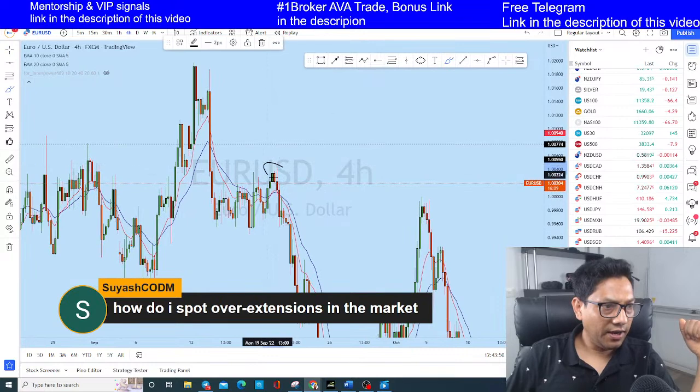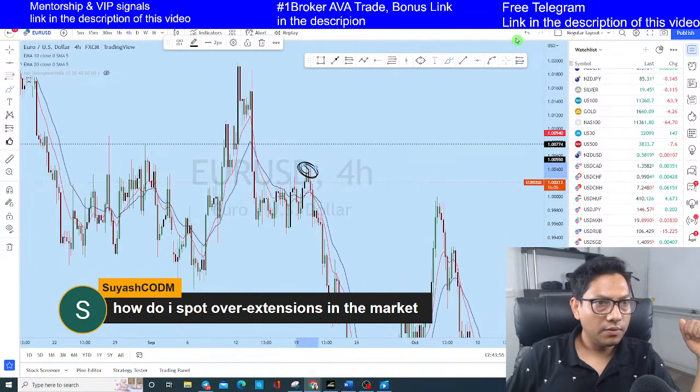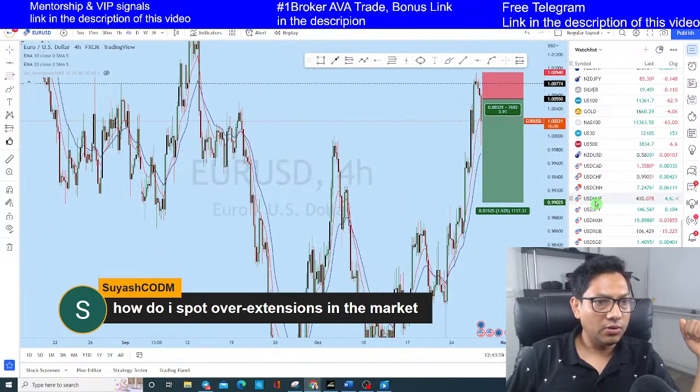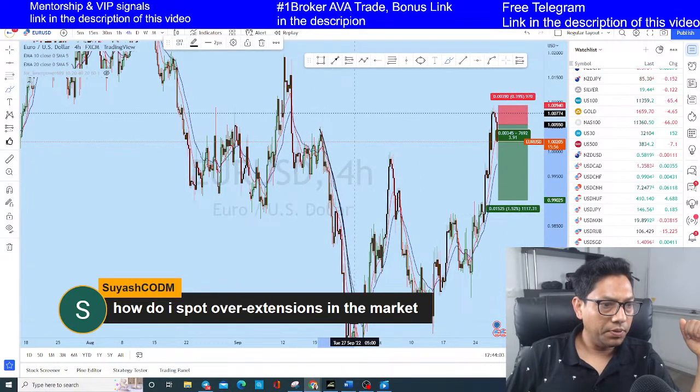This is a high, right? And then there was a big dip, this one, right? The price went to this zone and then didn't drop much and then went to this level, right?